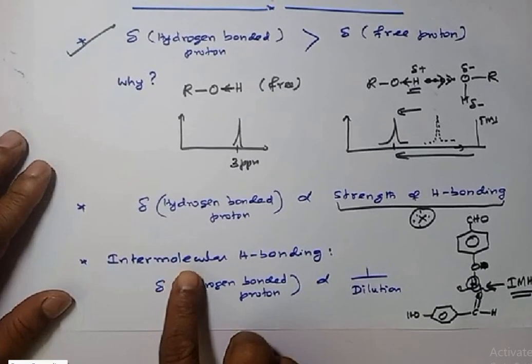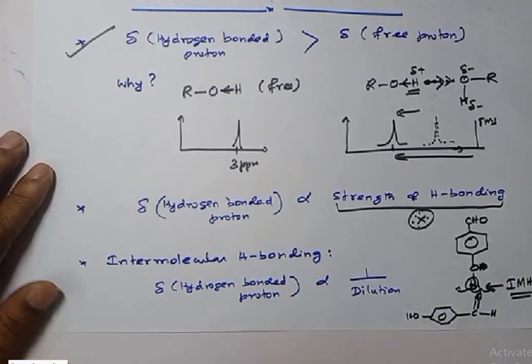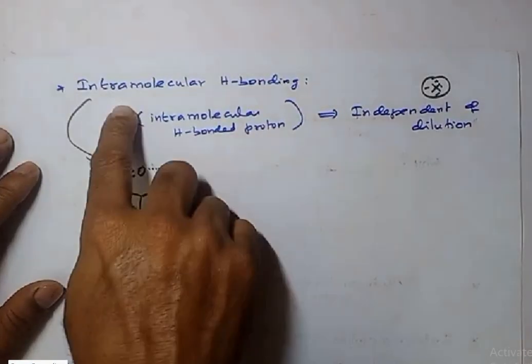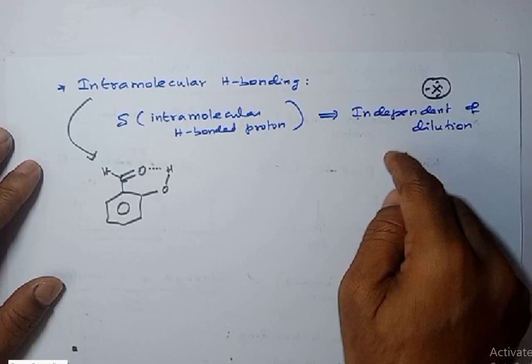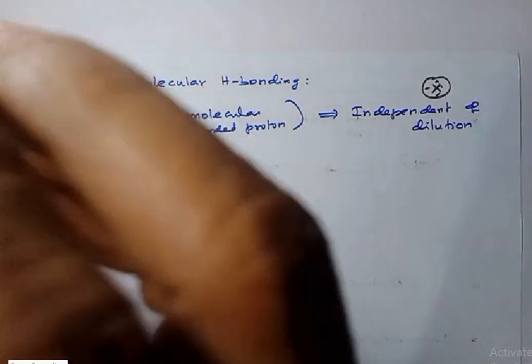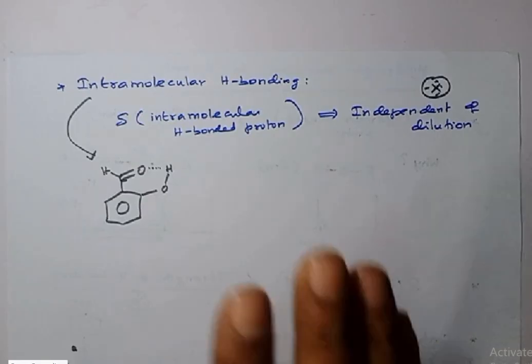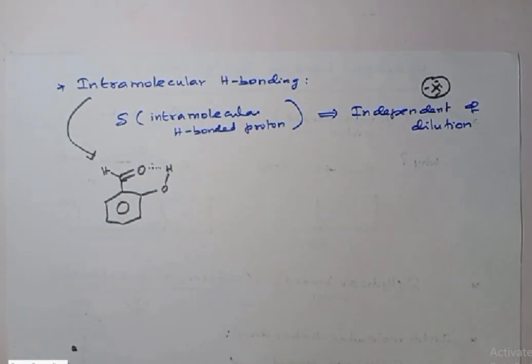Remember, in intermolecular hydrogen bonding, on dilution, the chemical shift will decrease. In intramolecular hydrogen bonding, even if you dilute the solution, no shift, nothing will happen. The chemical shift remains constant. It implies that the hydrogen bonding is intramolecular.